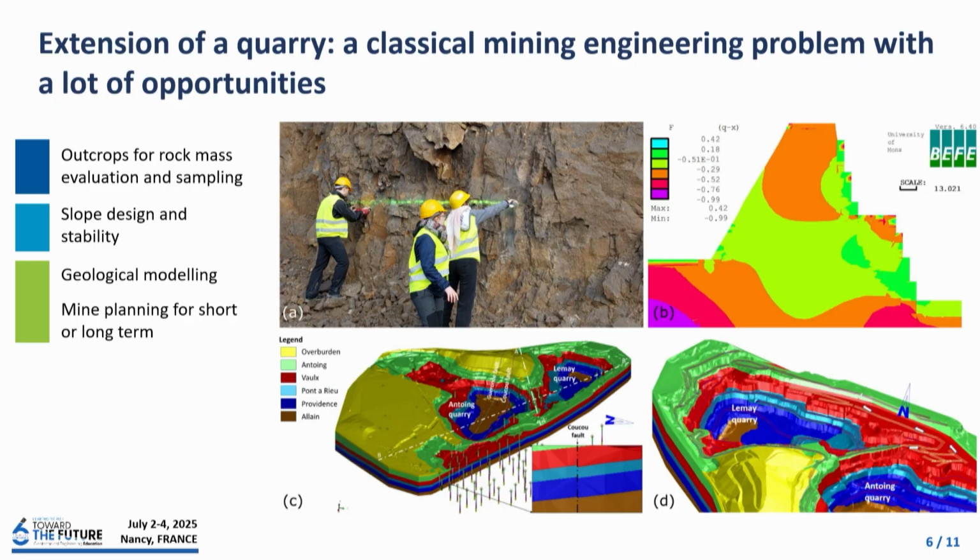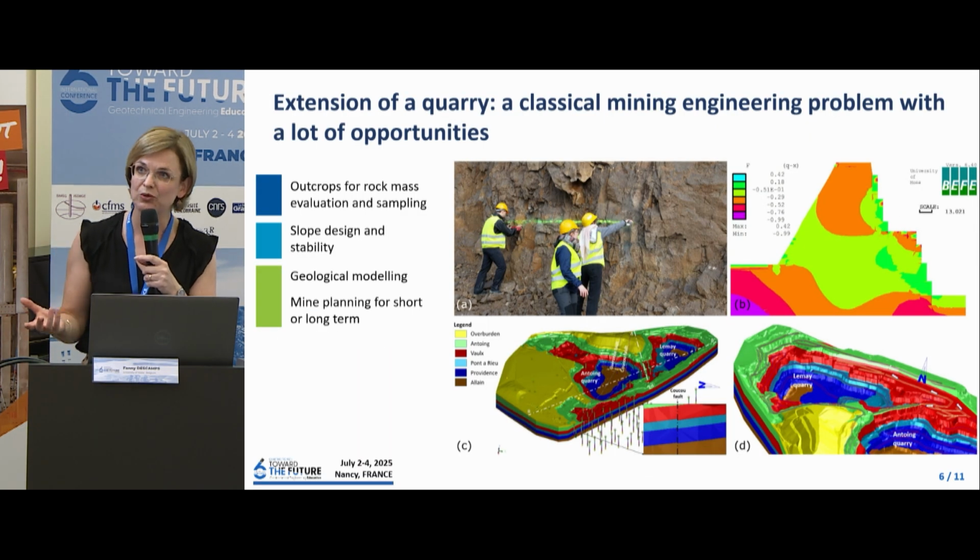A second example is the extension of a quarry. It is a much more classical mining engineering problem that offers a lot of opportunities. In terms of geomechanics projects, it's more or less the same as I explained previously. Quarries are very nice opportunities to go to the field, to see outcrops and to collect samples.